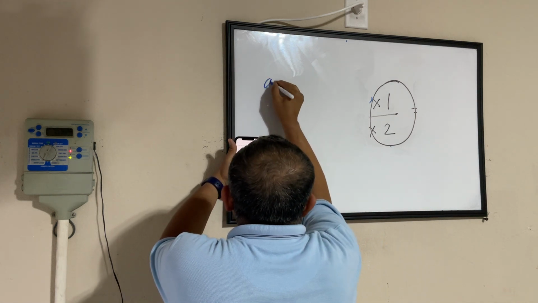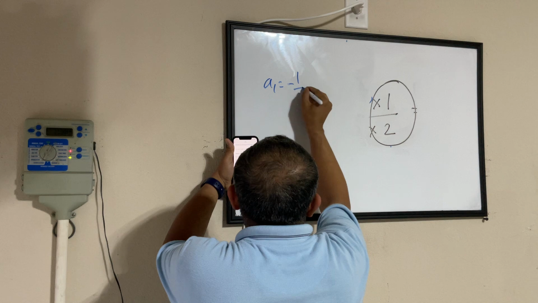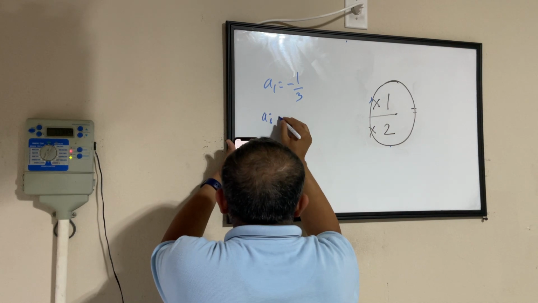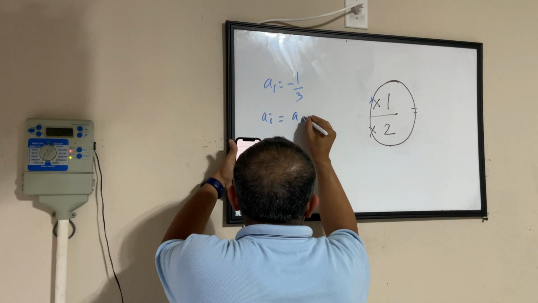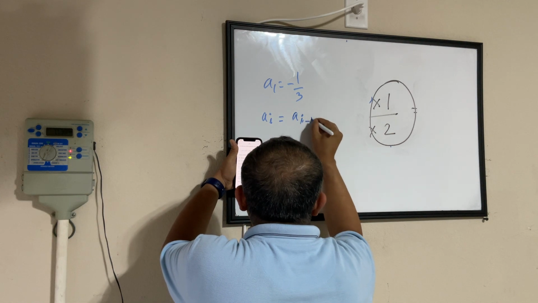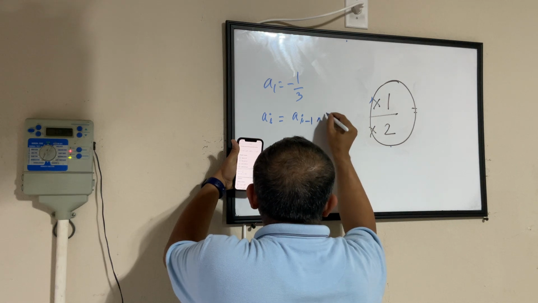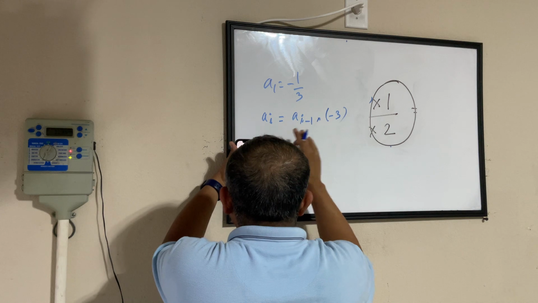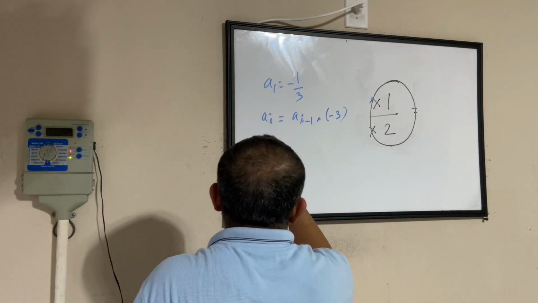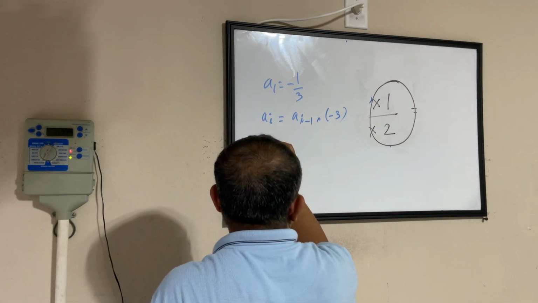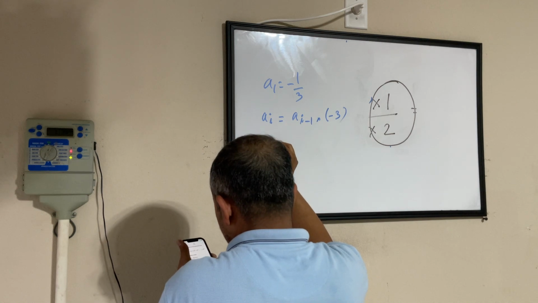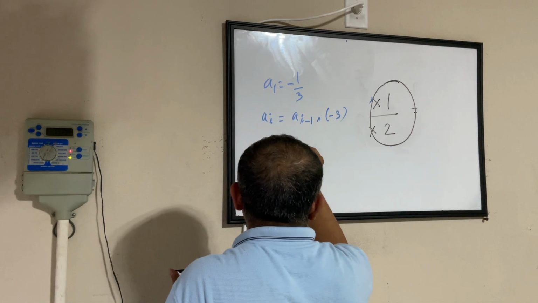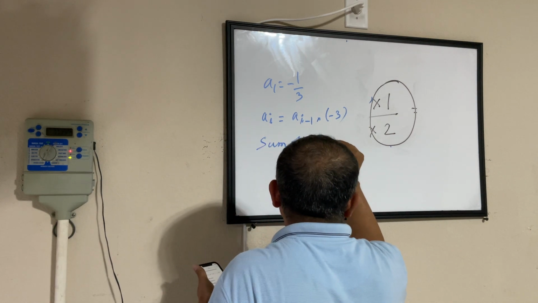There is a question which says a1 equal to 1 minus 1 by 3, ai, the ith term, is equal to a(i minus 1) times minus 3. Find the sum of the first 75 terms in the sequence.